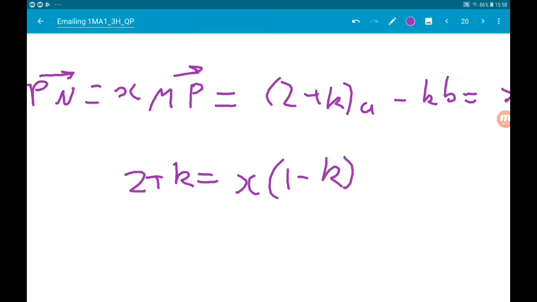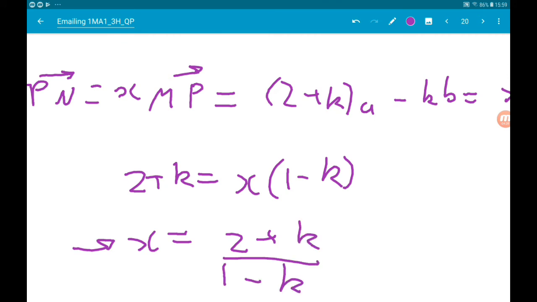From that, we can get that x is equal to 2 add k over 1 minus k.